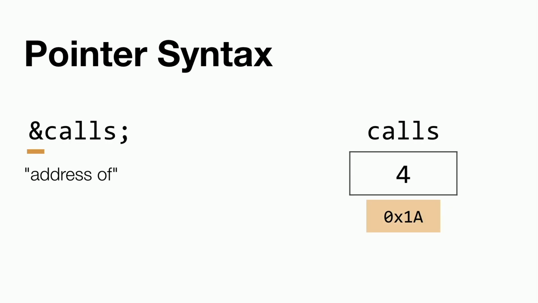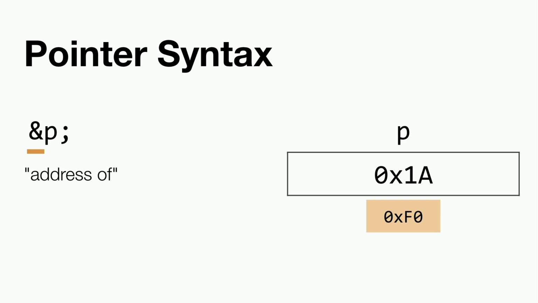The address of calls is again this hexadecimal value that we have under our box, and we can access it using the ampersand symbol. In turn, p, our pointer, also has its own address, right? And although we might not be using it as much throughout the class, every variable still has an address, and it's important to mention that.